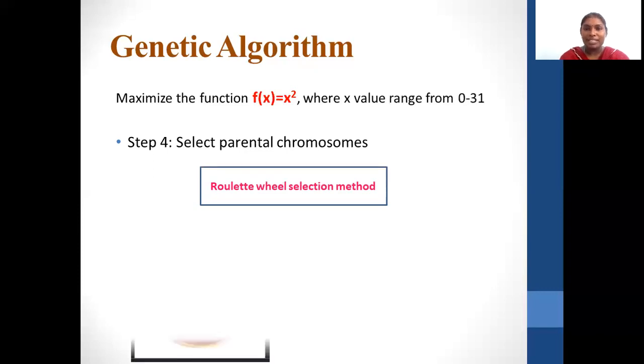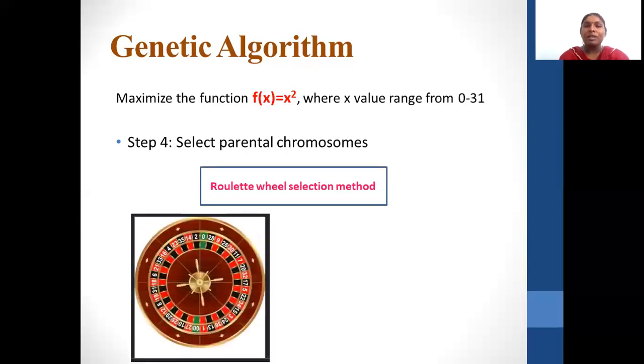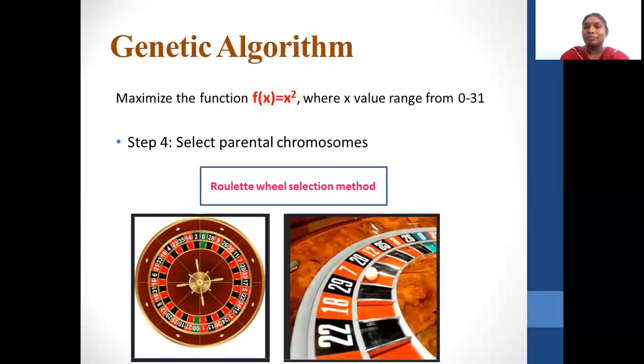In the Roulette-Wheel selection method, you should have noted a roulette wheel like this. You have a wheel-like structure with some values and a small ball, and the wheel is rotated, and wherever the ball lands, that element wins. Here the ball is shown at 7, so 7 is the winning component.